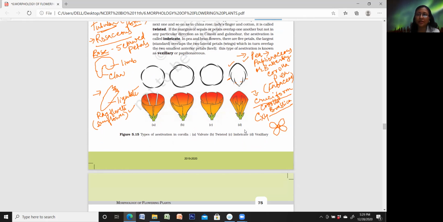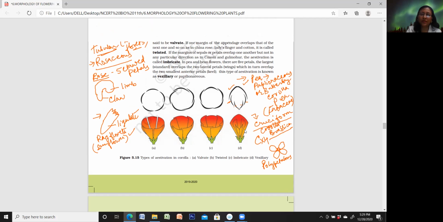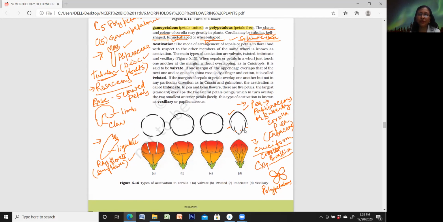So we write it as C cross 4. It's very much polypetalous, that's why no bracket on 4. We are not showing it in a bracket. So, the cruciform corolla of Brassica or mustard. These are some important corolla types you need to know.